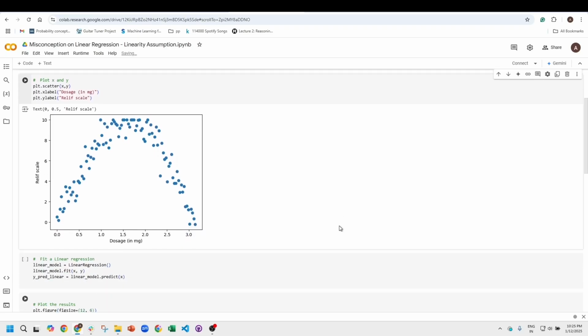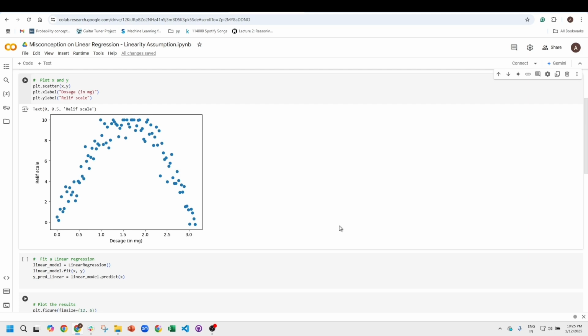Suppose we are conducting an experiment to study the effects of drug dosage on the relief experienced by the patient. The treatment group was divided into multiple subgroups and each of those subgroups received a different amount of the drug. After a few hours, the patients were asked to report how relieved they felt on a scale of 0 to 10. The y-axis represents the scale and the x-axis represents how much dosage the patient got.